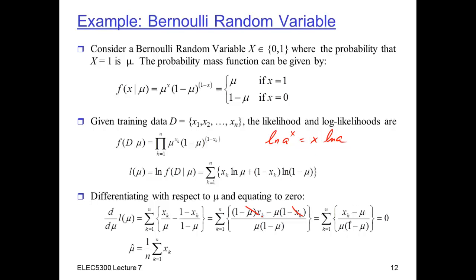And in order for this thing to be equal to 0, I really only care about the numerator, because the denominator is fixed, and for mu between 0 and 1, it's always some positive value.